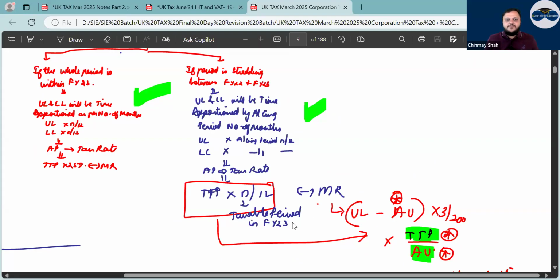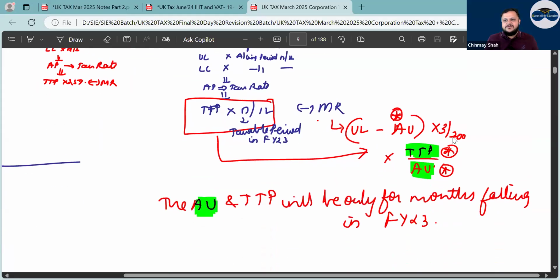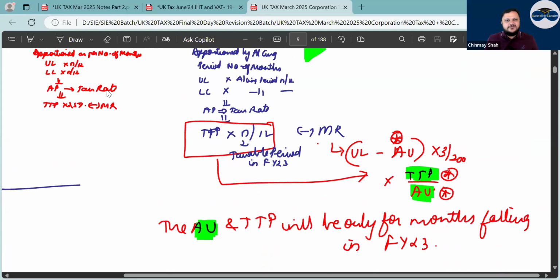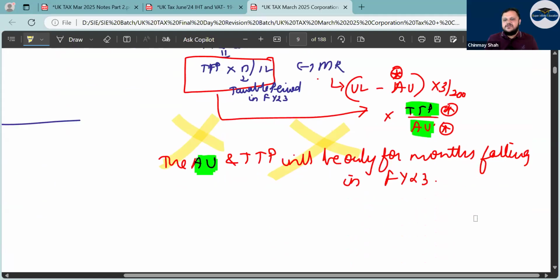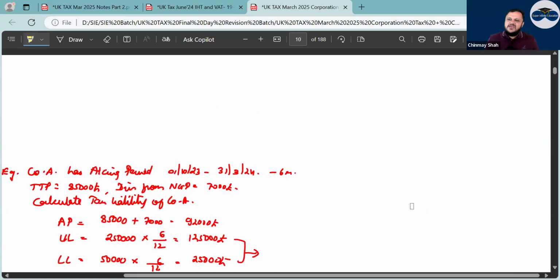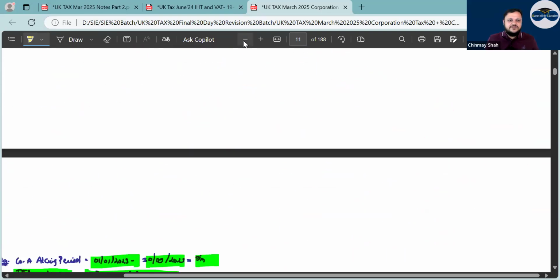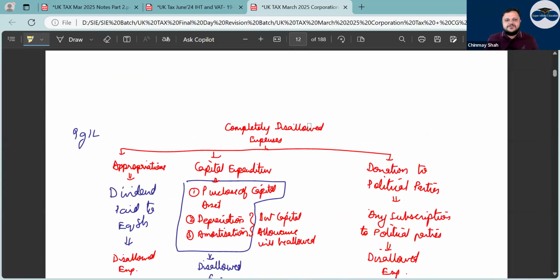Upper limit into TTP into n by 12, correct? And in marginal relief you will do what? At the end, TTP and ATP will be for number of months falling. This you can, I think, ignore. I don't think this question has to be there in the exam. Ignore it, no need to go into detail because it plays with your brain.